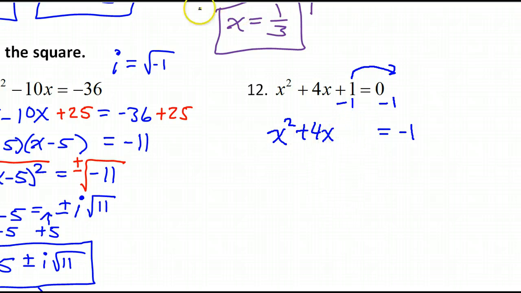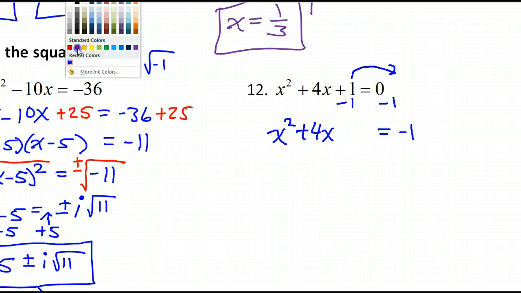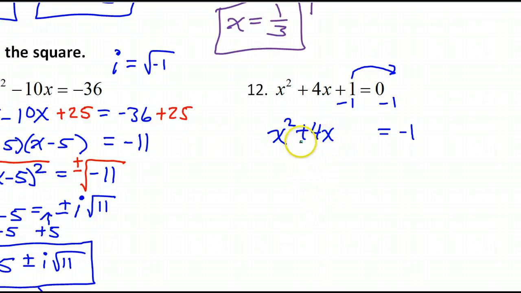Now, what is the magical number that completes the square, children? It's 4, isn't it? Why? Take half of the middle and square it. So half of 4 is 2. 2 squared is 4. And I have to add it over here as well.